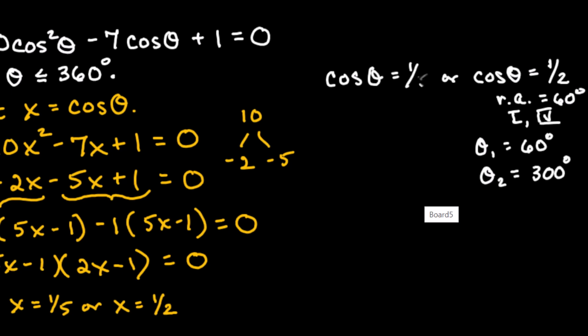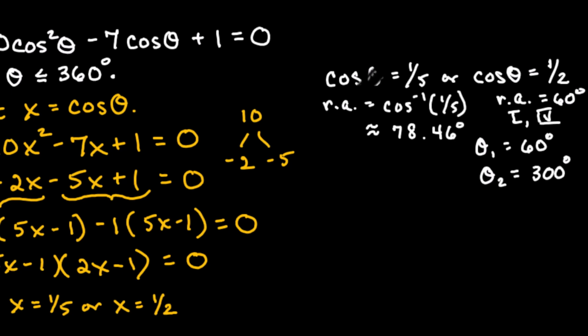Now cosine theta equals 1/5. 1/5 is not one of our special values, so for that one we're going to have to find the inverse cosine. So our reference angle will be equal to the inverse cosine of 1/5. Using our calculator, that comes out to approximately 78.46 degrees. Because cosine's positive, we know that our angles are going to be in the first and the fourth quadrants.